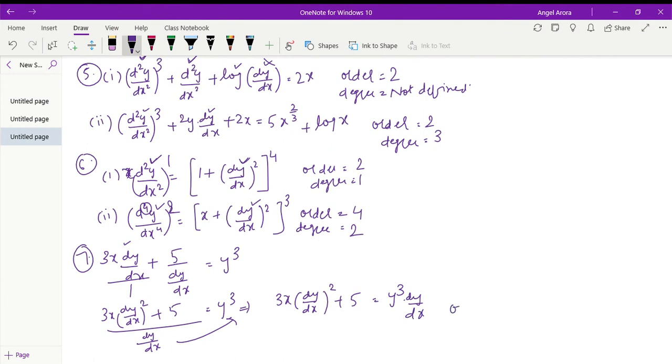So order will be 1, this is first order derivative. And what will be the degree? Degree will be 2 because of the highest power of the highest order derivative.